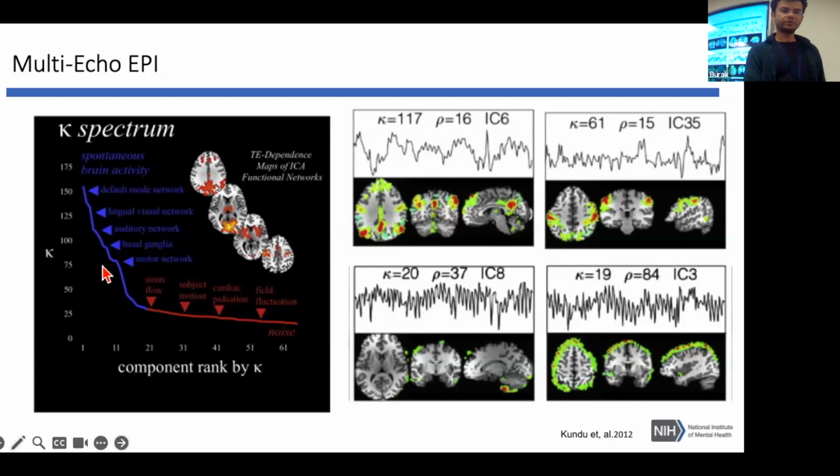All the good components and networks happen to lie in this area, which is shown here, and all the oscillating, jumpy components are less explained, on the left-hand side of the component spectrum.